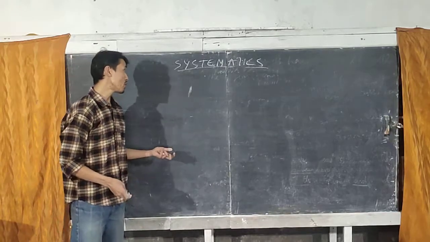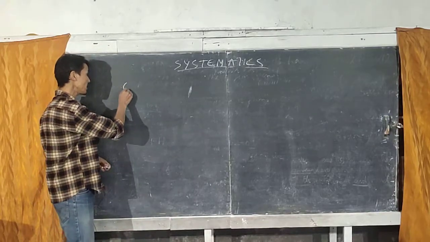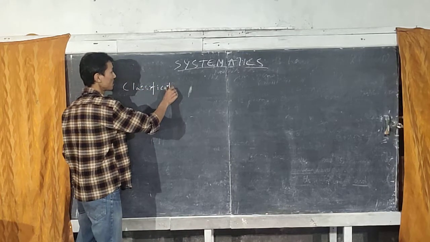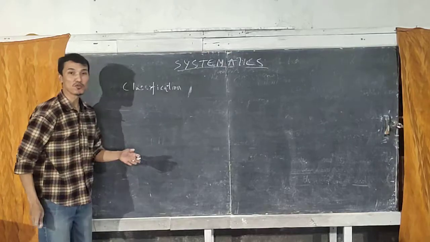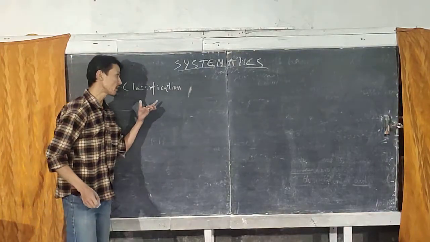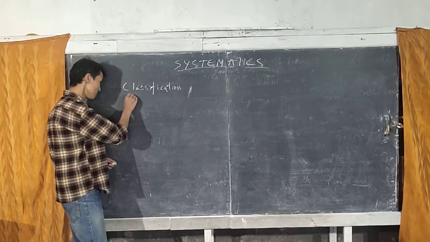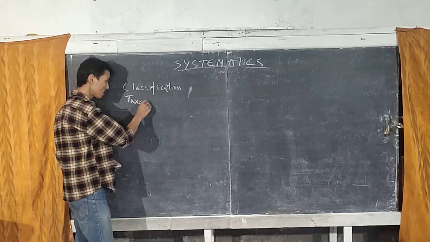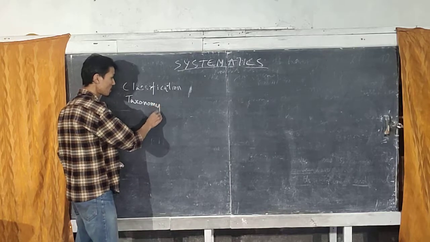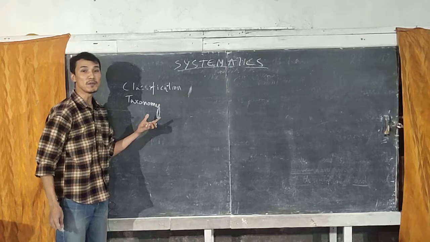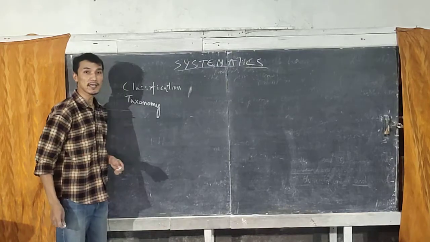Whenever we talk about systematics, the steps involved are, first, classification, that means grouping organisms that share similar characters. After this, after grouping the organisms into a particular group, you give them names. That step is called taxonomy.